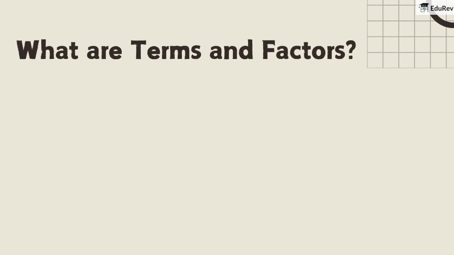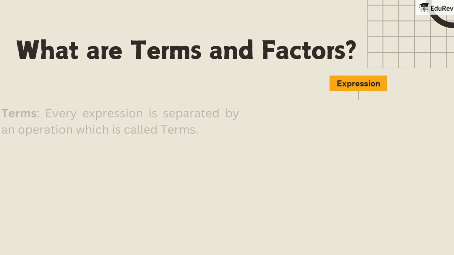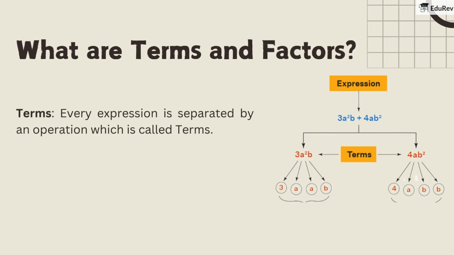Next, let's discuss what terms and factors are. In an expression, terms are every part separated by an operation. For instance, in the expression 3a squared b plus 4ab squared, we can identify two terms, 3a squared b and 4ab squared.